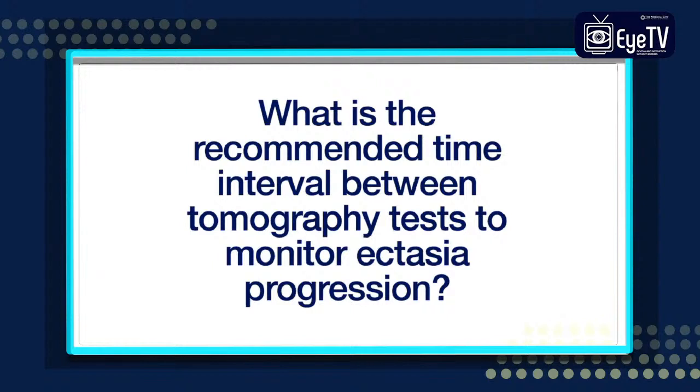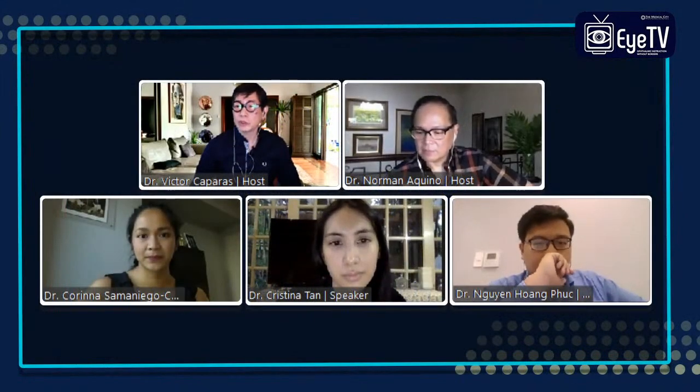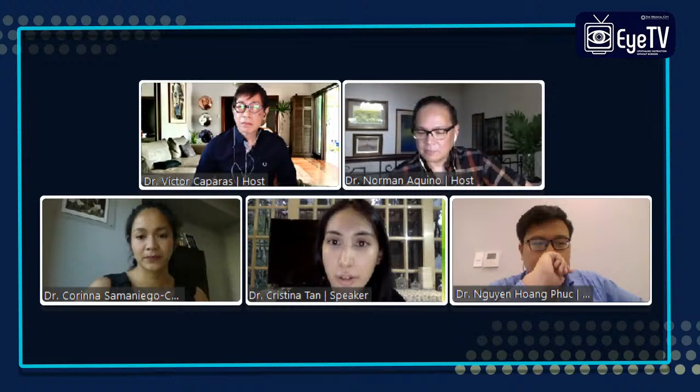Perfect. Okay. Next. What is the recommended time interval between tomography tests to monitor ectasia progression? So basically, how often can you ask for them? It would really depend on the population or the kind of patient that you're screening.